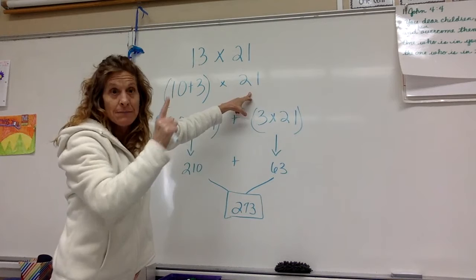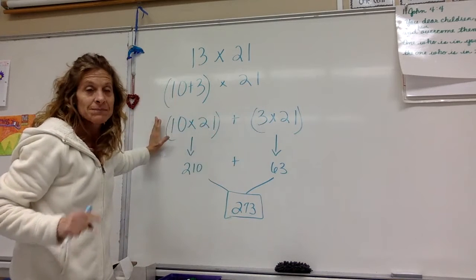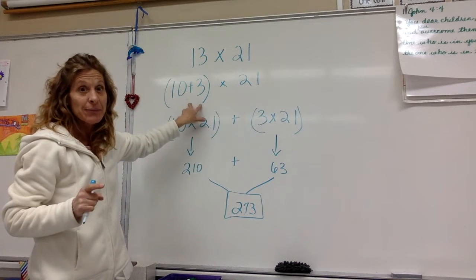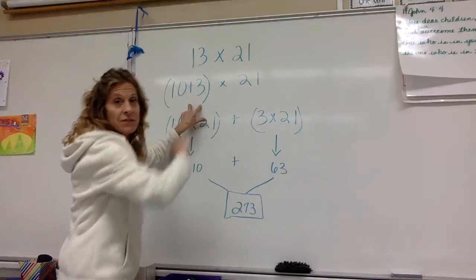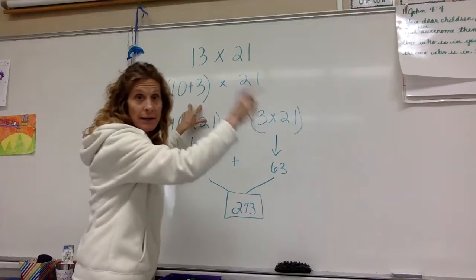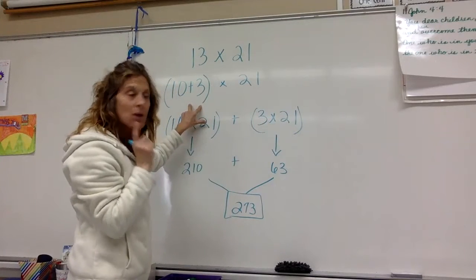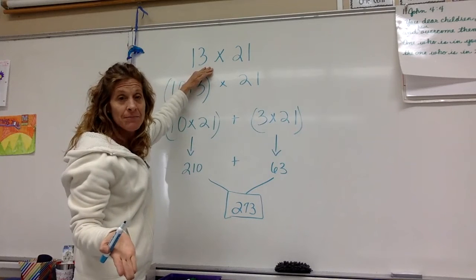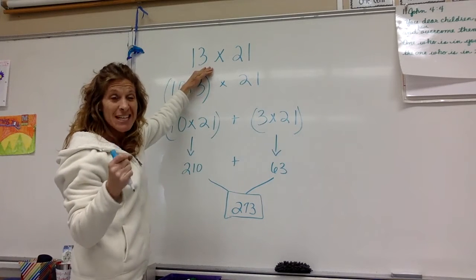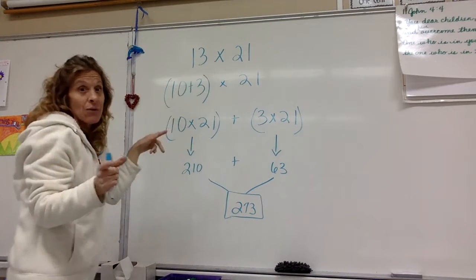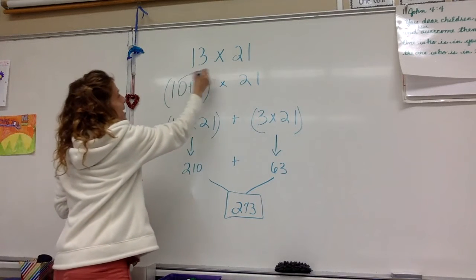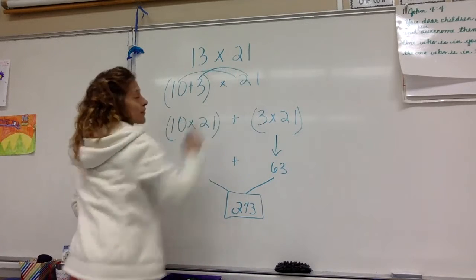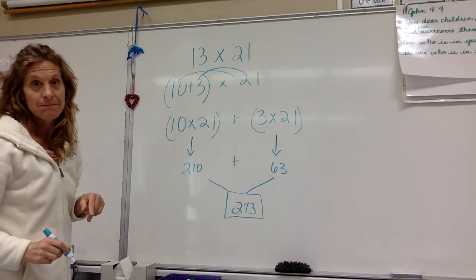Okay, that's step 1. Step 2. Now, the 10 and the 3 both have to be multiplied by the 21. Why? Well, because originally the problem says 13 times 21, but we took the 13 and we broke it down. So now we have to multiply the 10 times 21 and we have to multiply the 3 times 21.